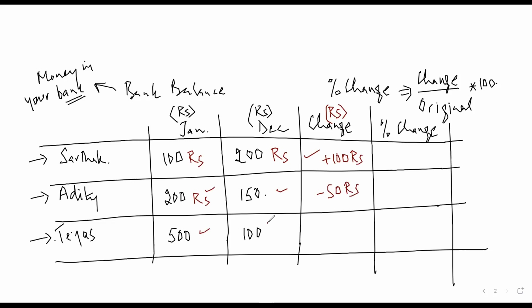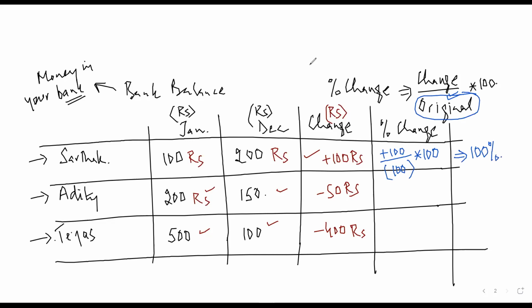Minus 400. So when I have to calculate the percentage change, then it will be plus 100 over what? What was the original amount? 100. 200. So the answer would be 100%.